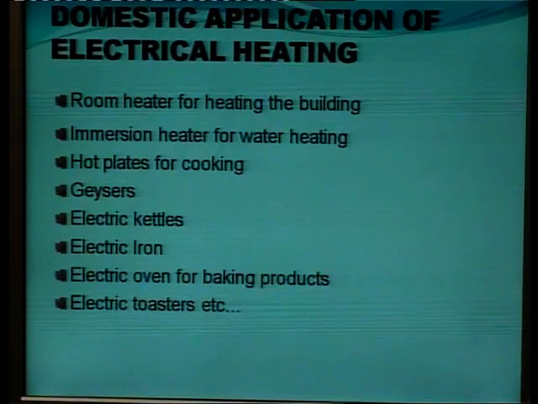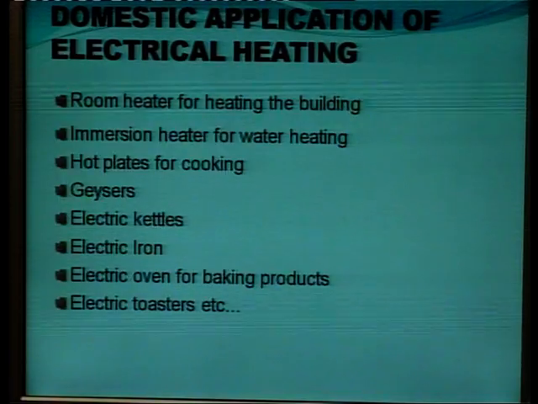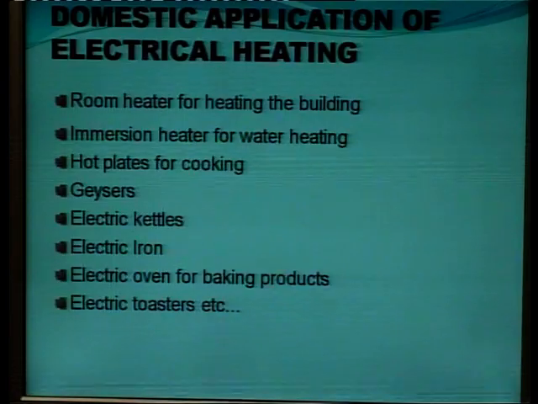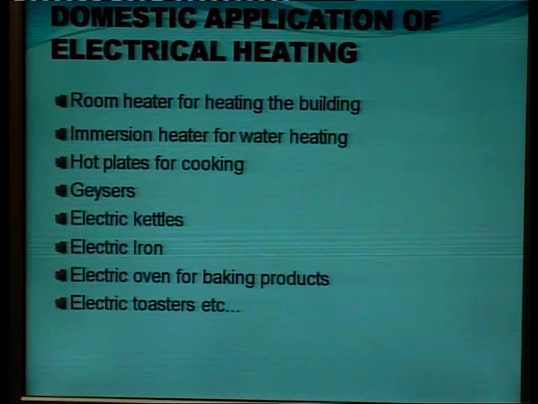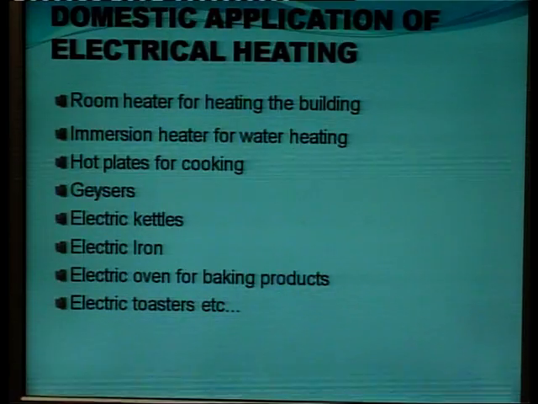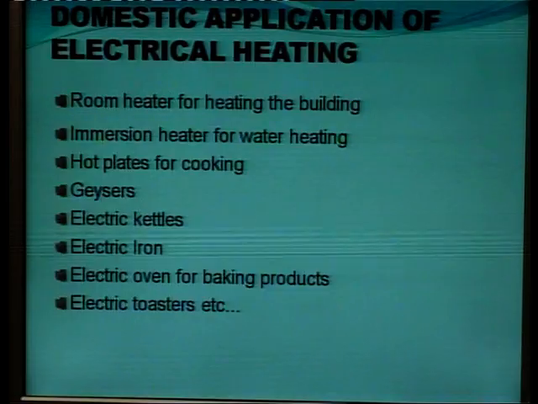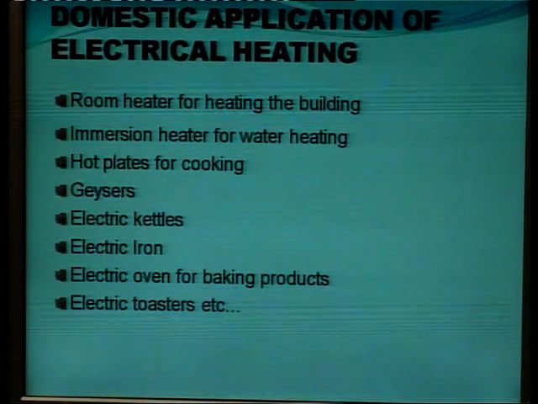Now, domestic applications of electrical heating. As you know, electrical heating has wide applications in domestic as well as industrial cases. Firstly, the domestic applications. First, it is used as a room heater for heating the building.